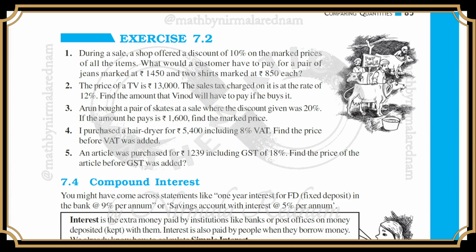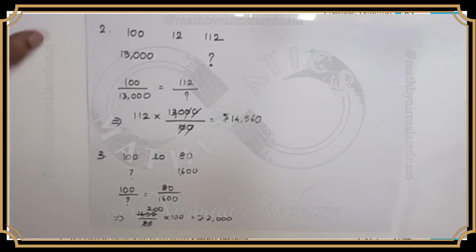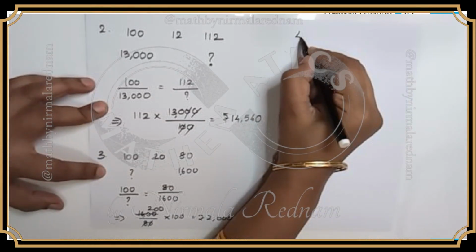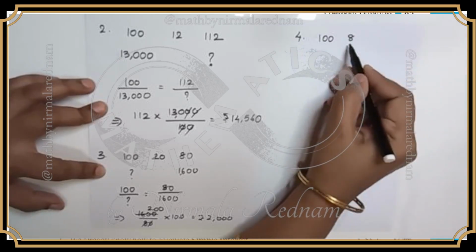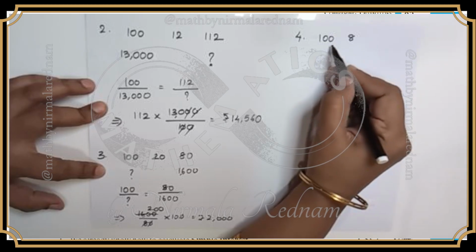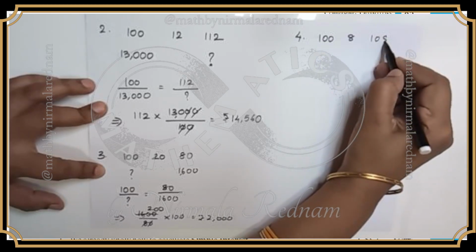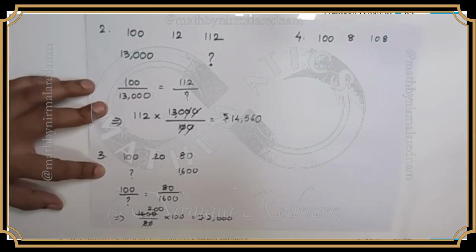Next, I purchased a hair dryer for 5400 rupees including VAT 8%. Find the price before VAT was added. Again, here what we will do is, VAT is 8%. It is on my cost of the item, and I am going to end up paying 108 rupees, right?